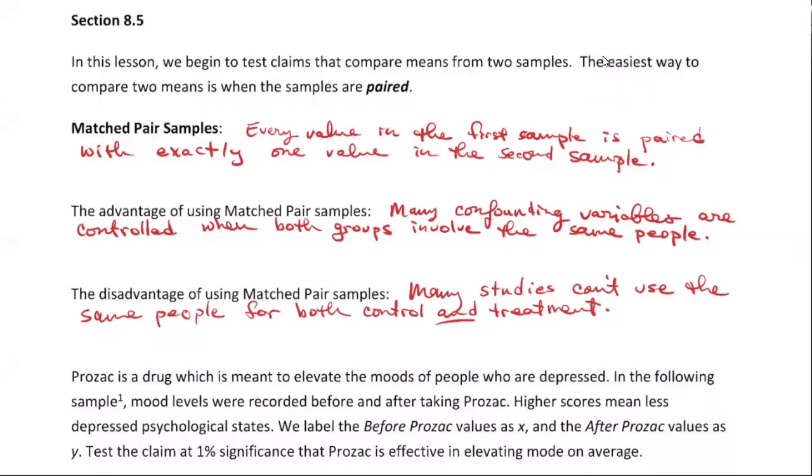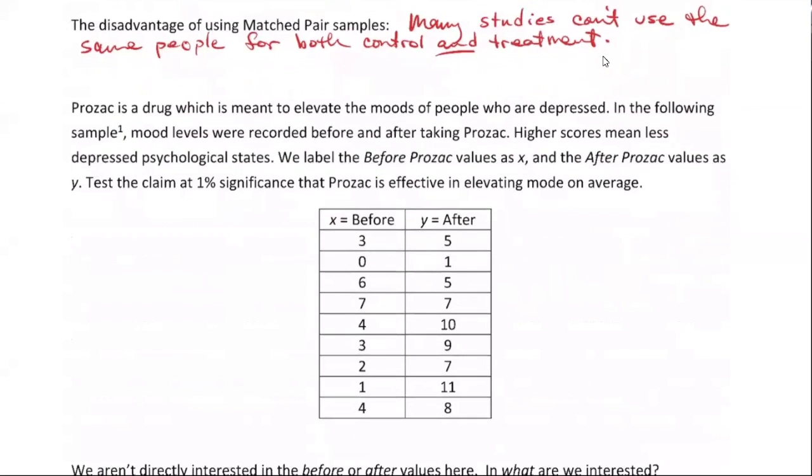If you're going to look at how coffee affects someone's health, you can't give someone 1 cup of coffee. They have to drink it for years, and so you'd have to track a random group that is told to drink coffee, and another random group that's told to not drink coffee. Those can't be the same people if it's going to take years to follow them. So it just doesn't work in many cases.